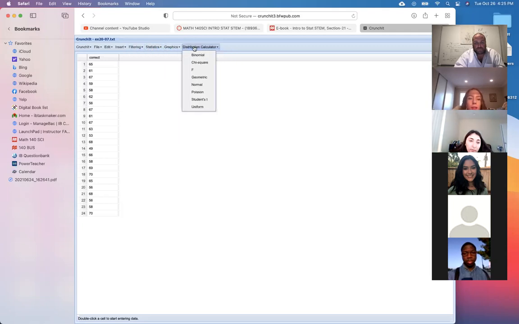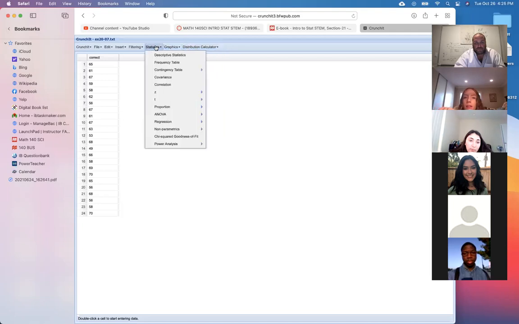You go to statistics and isn't it like Z or T? Well, it would only be Z if I knew sigma. Since I don't know sigma, I do T. Now, is it a one sample, a two sample, or a paired T test?